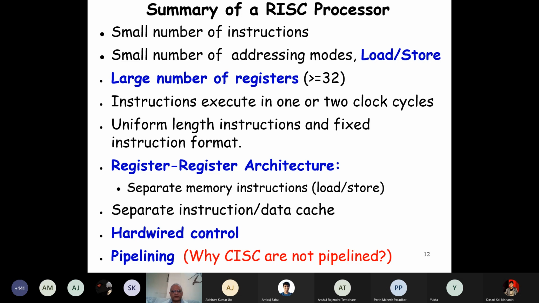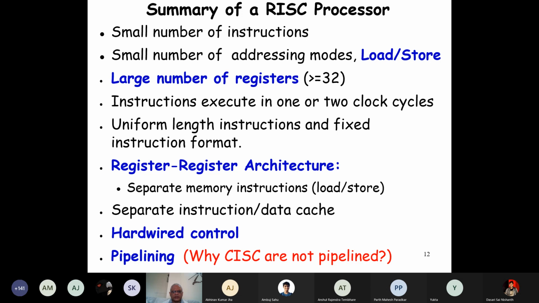The microprogram control is much slower, and also these are pipelined. The CISC was not pipelined because different instructions took very different amounts of work and very different amounts of time. We can pipeline if instructions are comparable. We'll understand this much better slightly later in this semester.